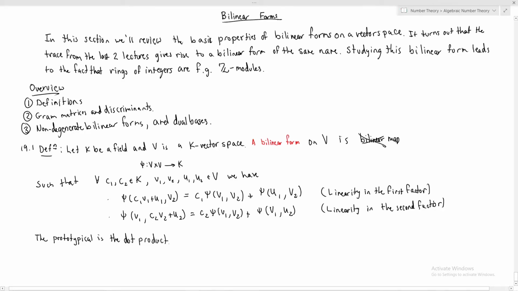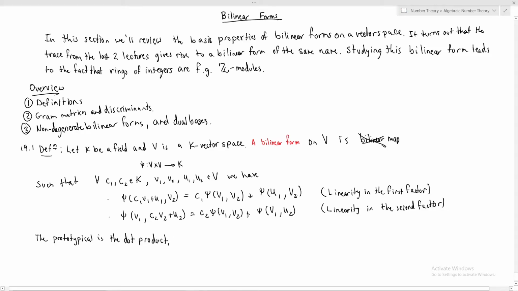I'm not going to redefine what the dot product is; hopefully by now you know. You can define it on R^n, or really any finite dimensional vector space at least. The prototypical example is the dot product, and everything else is kind of a generalization of this. Not every bilinear form has every property that the dot product has.